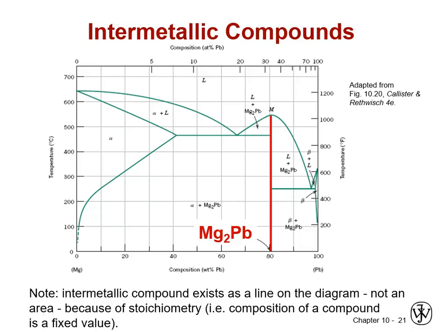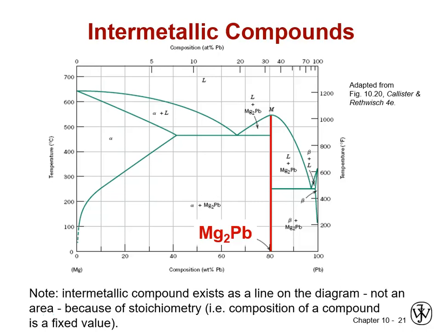So you can see here that although our main components are magnesium metal and lead metal, in the main portion of the phase diagram right in the center, where we would be if we had, say, 50% magnesium at 300 degrees C, we're actually in an alpha plus Mg2Pb region, where the Mg2Pb intermetallic is both a phase and a component, effectively.